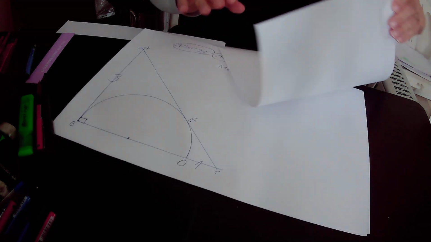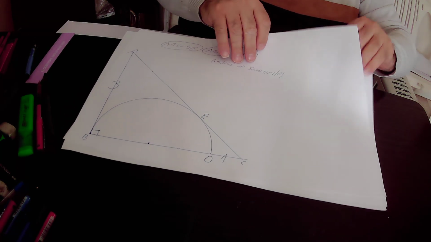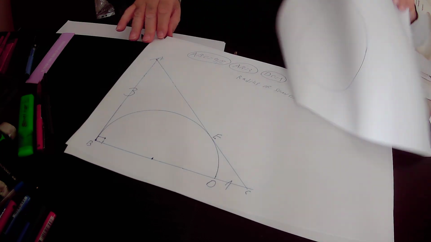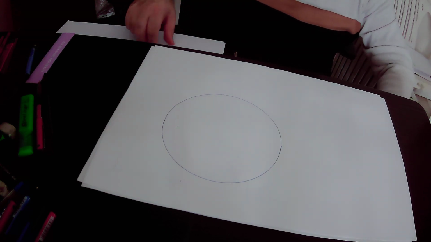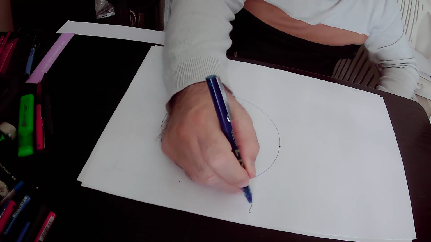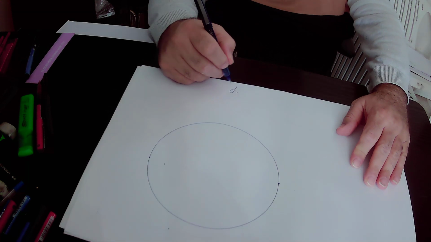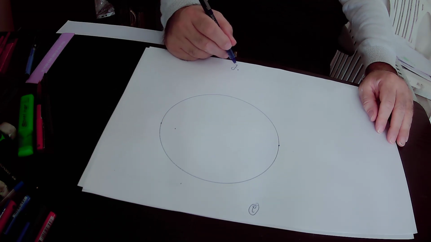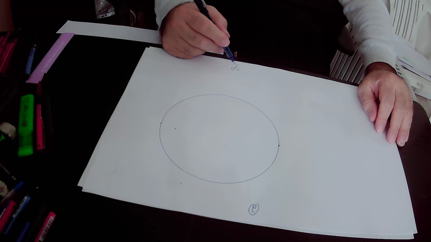The meaning of rule number 1 is that if you have a circle, this circle, and we have a common external point P. This point P is an external point because point P is not located inside the circle nor on the circle itself, but it is located outside the circle.